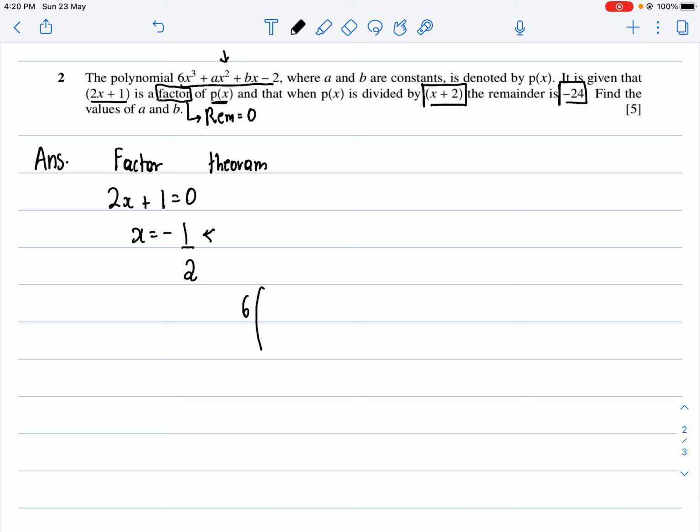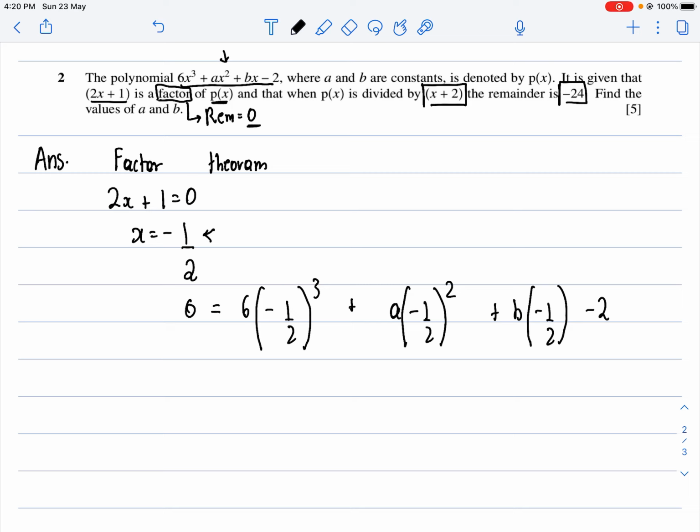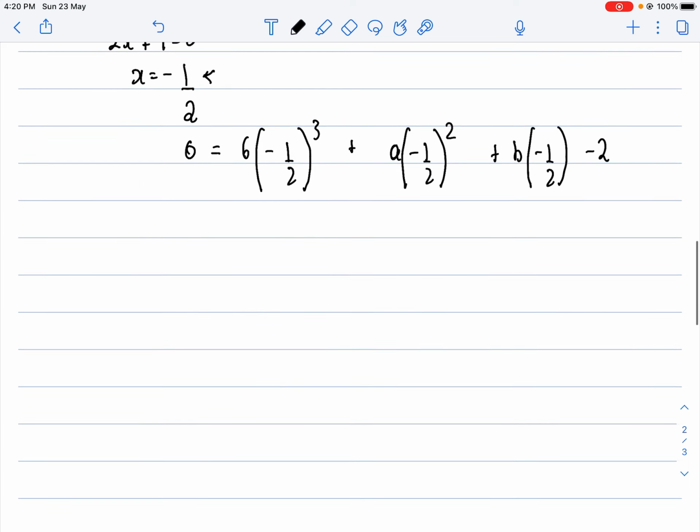So I'll get 6 into minus half the whole cube plus a into minus half the whole square plus b into minus half minus 2. And I know the remainder for this is 0 because of the factor. So I can simply equate it to 0. Now you can simply solve this in your calculator.